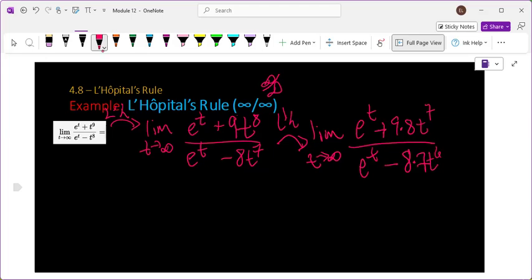And again, we get another infinity over infinity. So if I was going to write the next derivative, what would I put in front of e to the t plus, what would I write next?